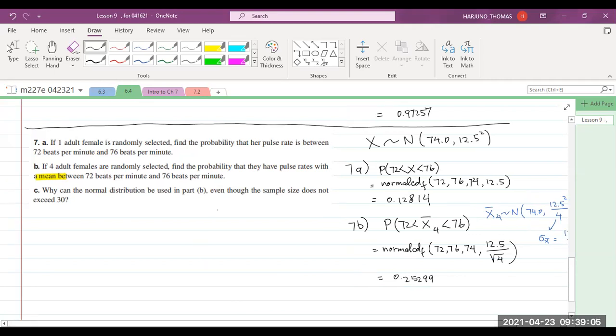Now, why can we use normal distribution while the sample size is not 30? In part C, I didn't ask you to do this one.